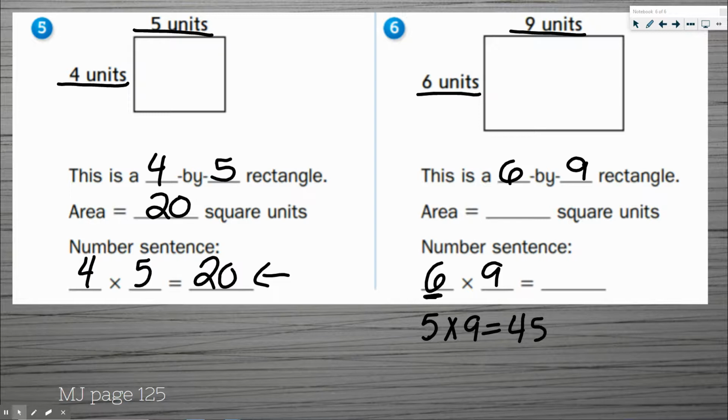And I don't have 5 9s, I have 6 9s. So I'm going to need to add another group of 9 to make 6 times 9, and that is 54. So 6 times 9 is 54, and my area is going to be 54 square units.